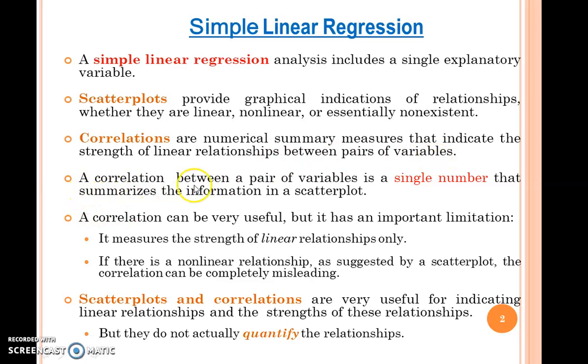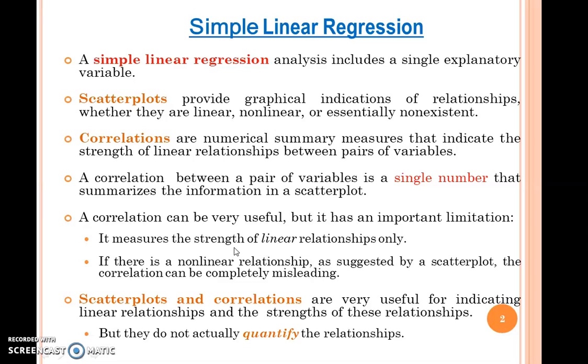The correlation between a pair of variables is a single number. Why are we taking a single number here? Because it summarizes the information in a scatter plot. A correlation can be very useful, but it has an important limitation.